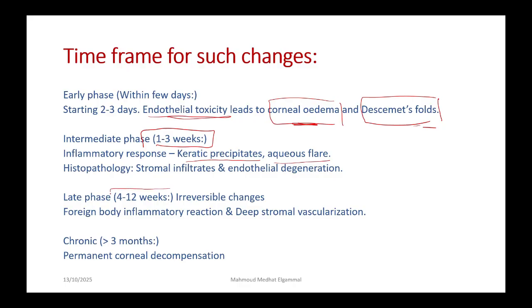In 4 to 12 weeks, if left untreated, here starts the irreversible changes phase. There is a foreign body inflammatory reaction, as seen in histopathology, and deep stromal vascularization, making penetrating keratoplasty very difficult. More than 3 months, there is permanent corneal decompensation.